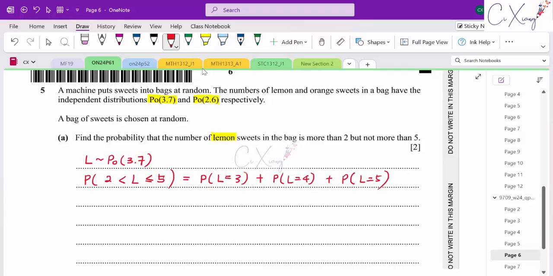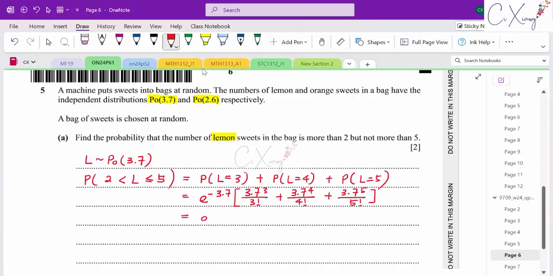Right, so we'll start from L equals 3 first. You will have e to the negative lambda, where lambda is 3.7, then lambda to the power 3 divided by 3 factorial. For L equals 4, lambda to the power 4 divided by 4 factorial. Same thing for L equals 5. Okay, so this is the formula for the Poisson distribution.